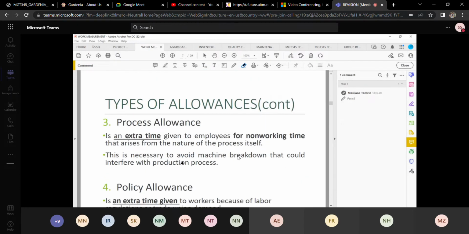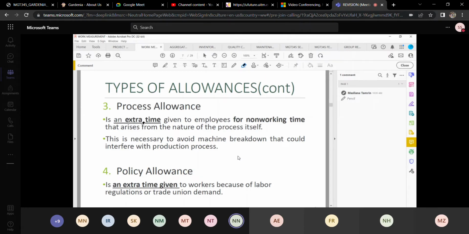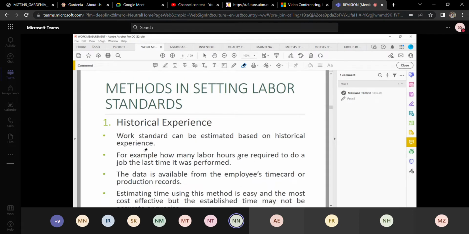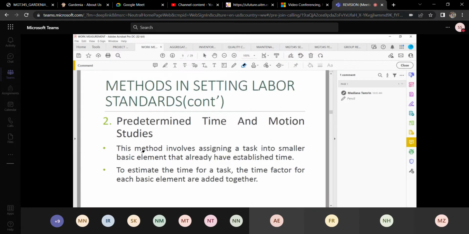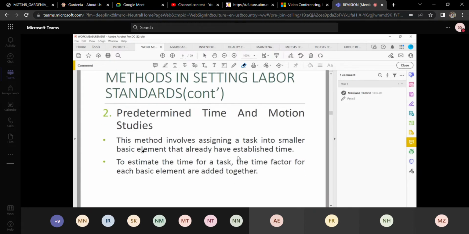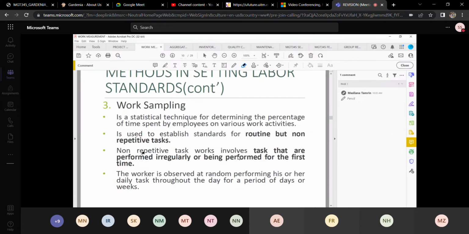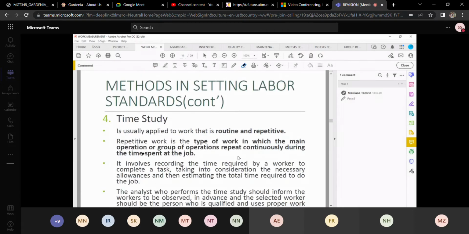Okay, definition especially. The 4 types of methods in setting labor standards, which consist of historical experience, predetermined time and motion studies, work sampling, and the time studies. For the time study, remember the activities are routine and repetitive.